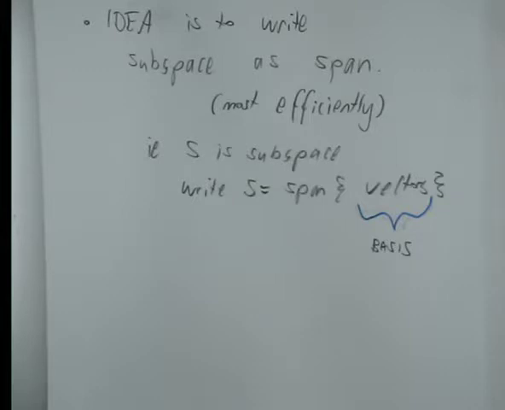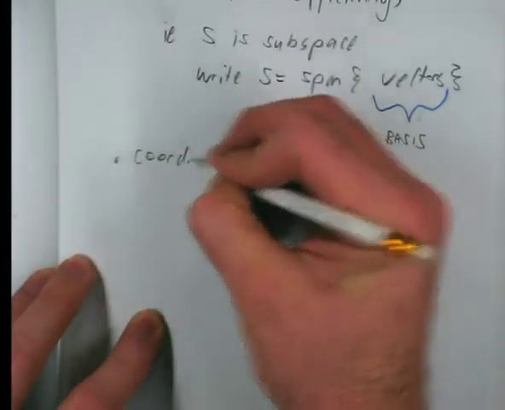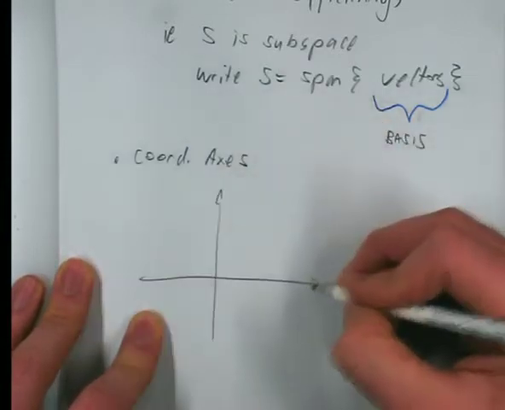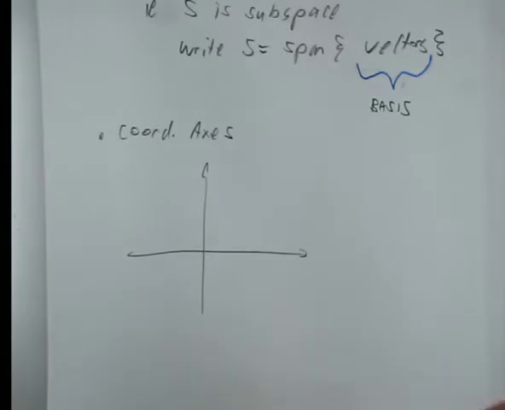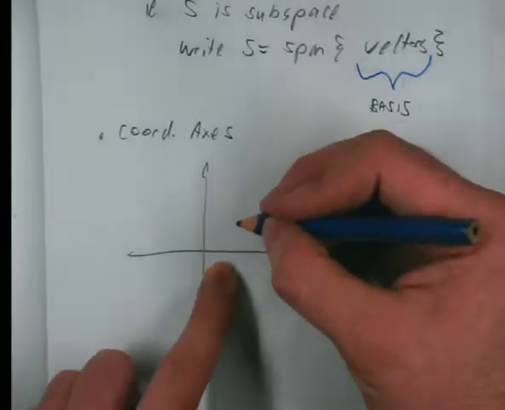So in 2 dimensions, they're coordinate axes. Here I am in R2. If I had made a basis for R2, I could write R2 as the span of a couple of vectors.